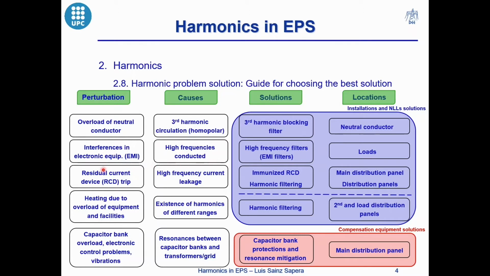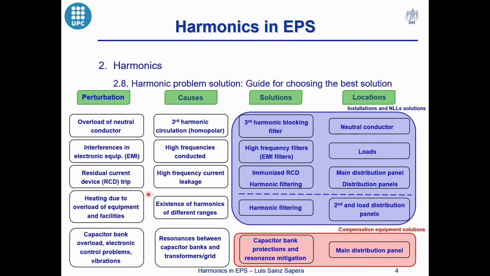Next is the residual current device trip due to the high frequency current leakage. Solutions are immunized residual current devices and the harmonic filtering equipment. The former is located at the main distribution panel, the latter at the distribution panels.